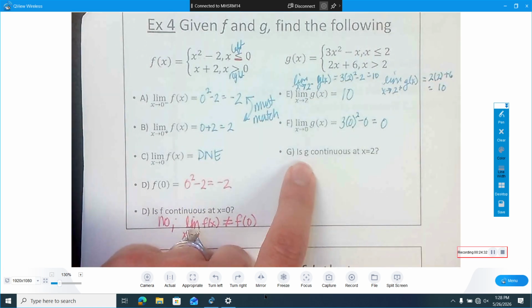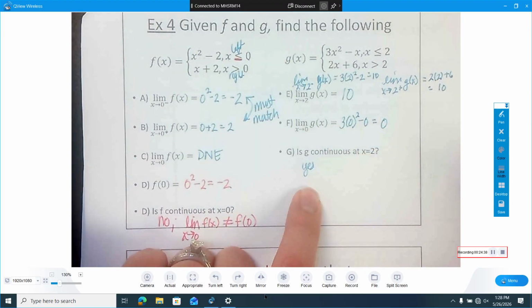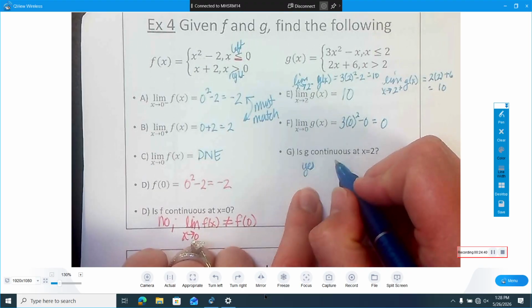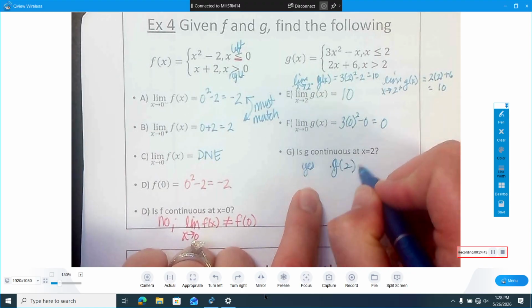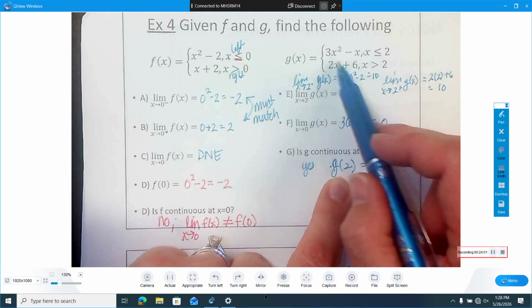Okay. Is g continuous at 2? Yes. Why? So do we know what g at 2 is? Yeah. How would we figure out g at 2? It's the first thing sort of.